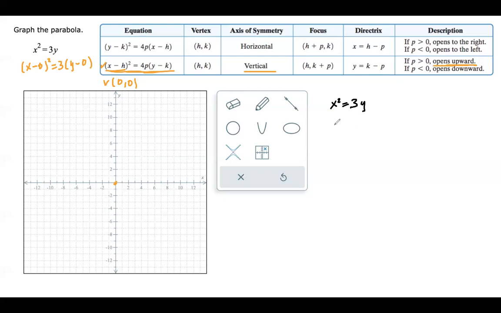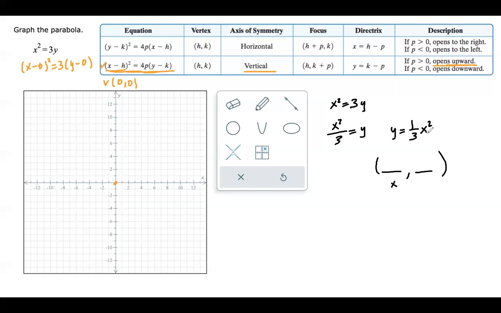I'm going to end up with x squared over 3 is equal to y, or y is equal to 1/3 times x squared. Because y is the variable that I have isolated, I can pick a value and substitute it here for x to find a y value.